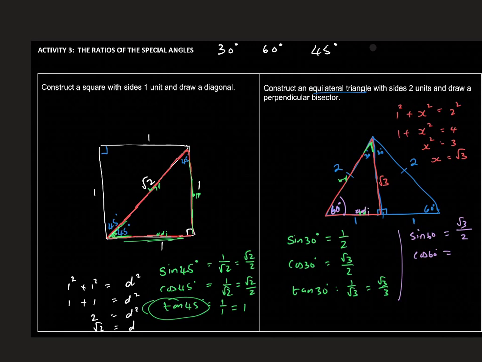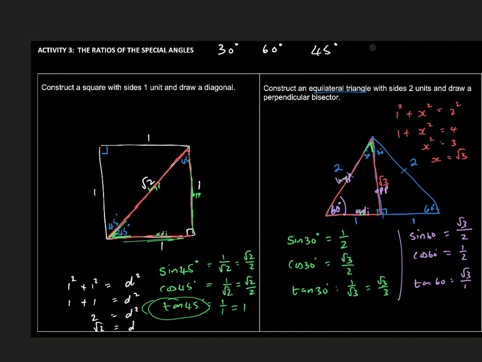Remember, this is now adjacent, that is opposite, and that's the hypotenuse, since my reference angle changed. So it's adjacent over the hypotenuse, which is 1 over 2, a half. And then tan of 60 is opposite over adjacent, which is root 3 over 1, which is just root 3.